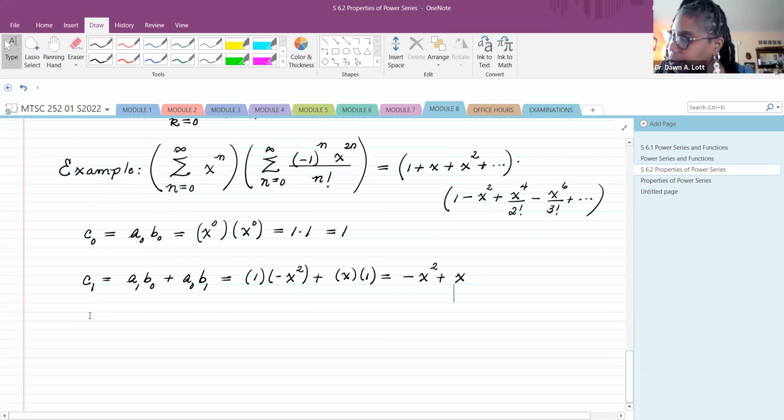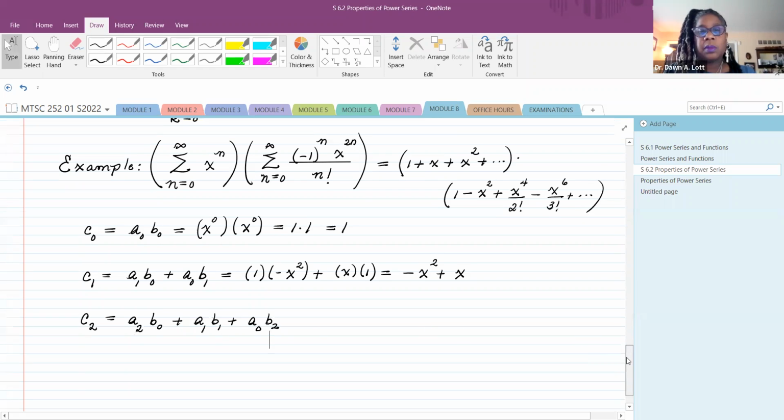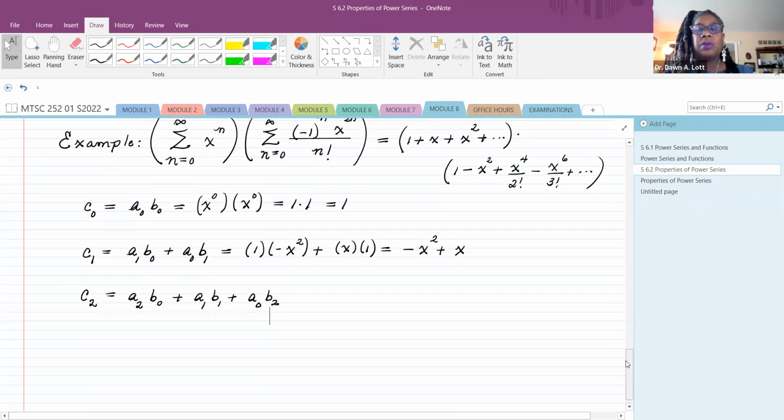The third term, which is C2, is going to be A2 B0 plus A1 B1 plus A0 B2. So all you do is you start off with the first number at its highest and the B's at its lowest. The B's increase and the A's decrease. Okay. And so that's how you compute the multiplication of these two series. All right.